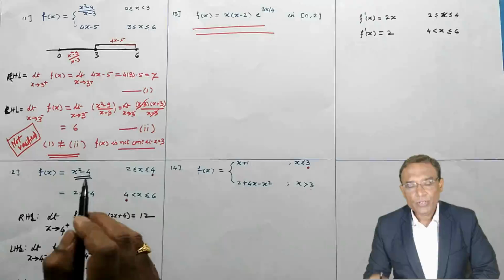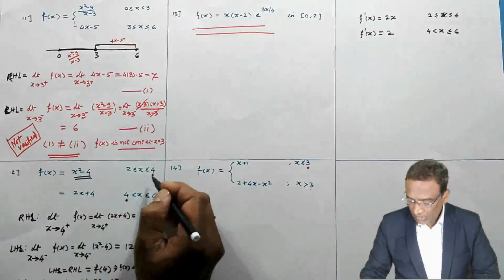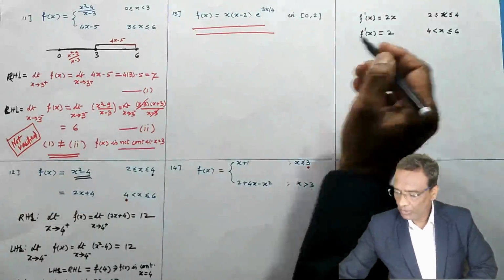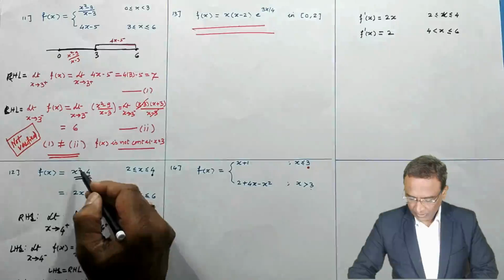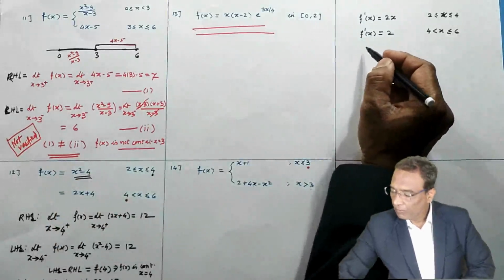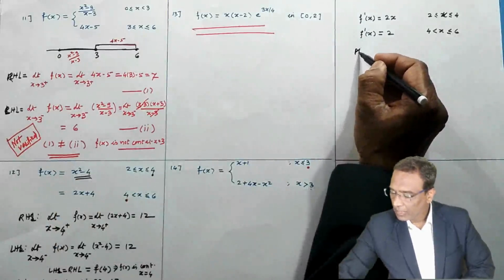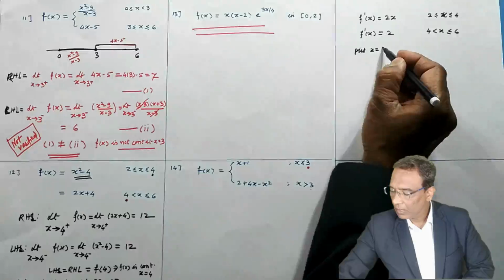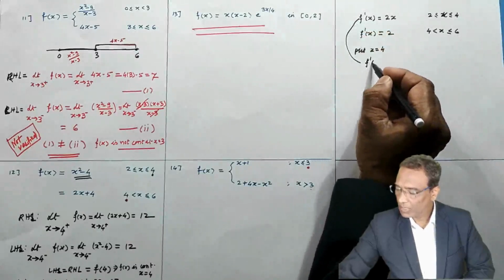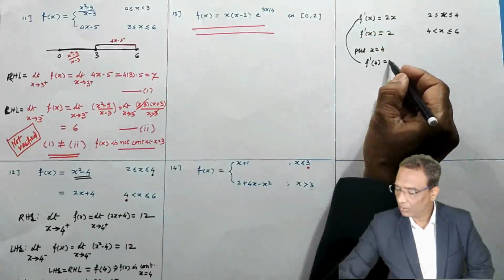Whether it is differentiable at the transition point or not, that we have to check. Take the derivative for this range, take the derivative for this range. Now find f dash of x for x equal to 4.